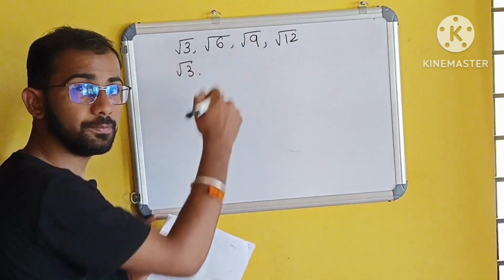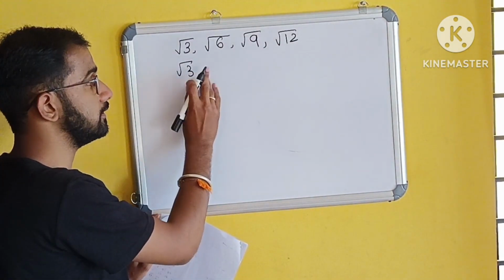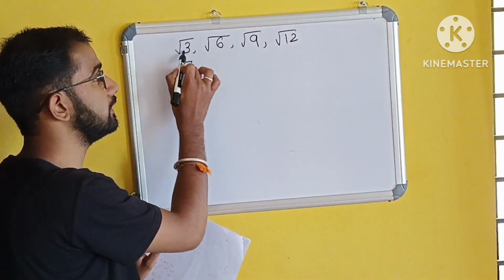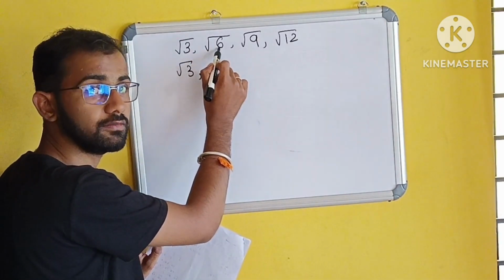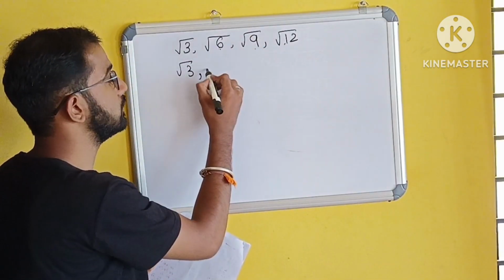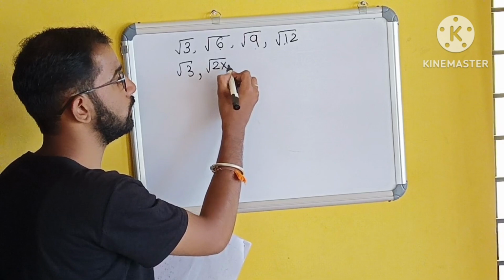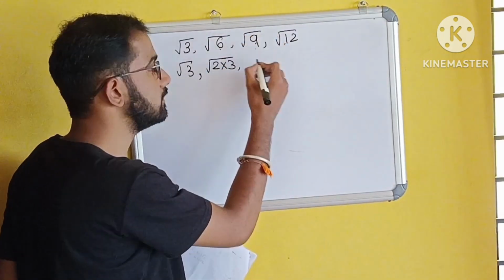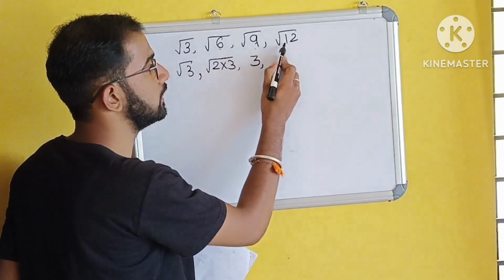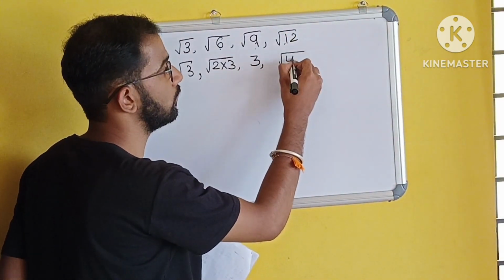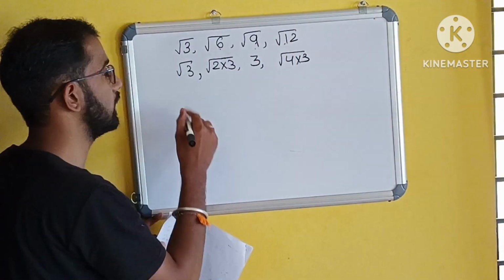Then we need to simplify the roots, all the roots should be in the same form, like root 3. Here also we need 3. So root 6 is root 2 into root 3. Square root of 9 is also 3. Square root of 12 is root 4 into root 3.